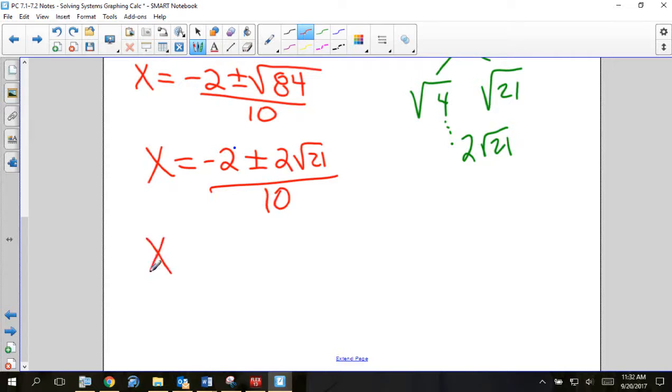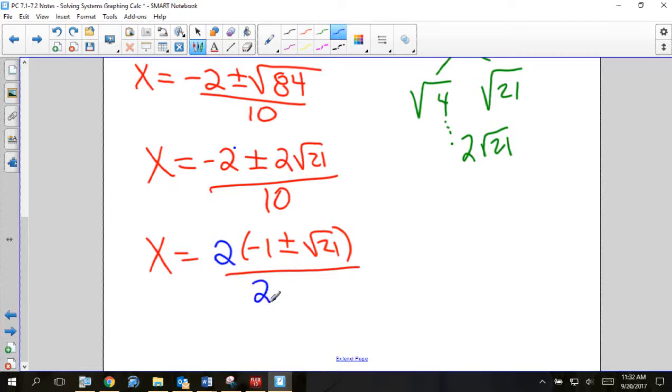I wrote it all the way out so that everybody knew what I was doing, and I won't always write it like that. But I can. So I used greatest common factor, GCF factoring here, and at the bottom 2 times 5. If you factor them out, you can cancel them. So I have x is equal to negative 1 plus or minus radical 21 over 5.